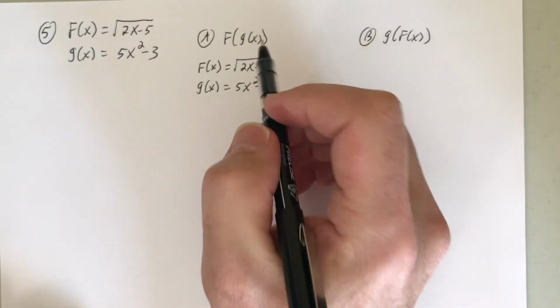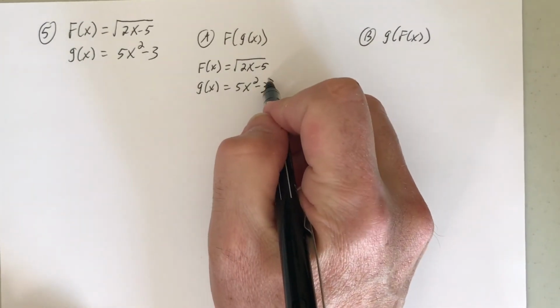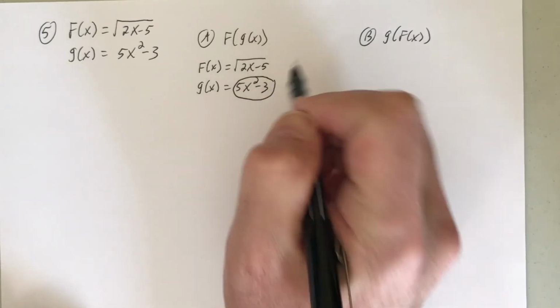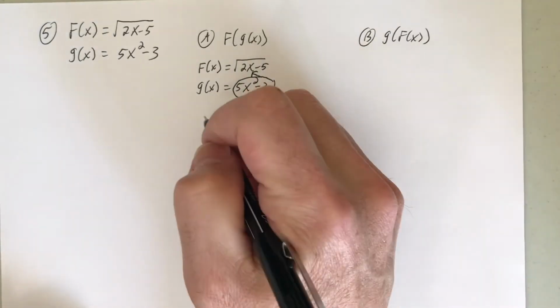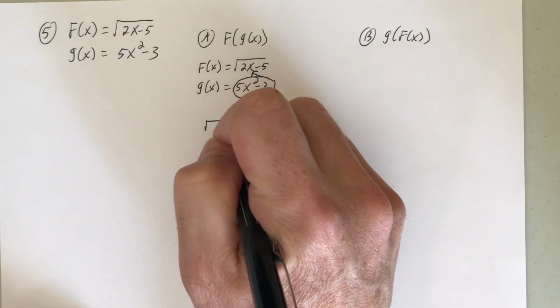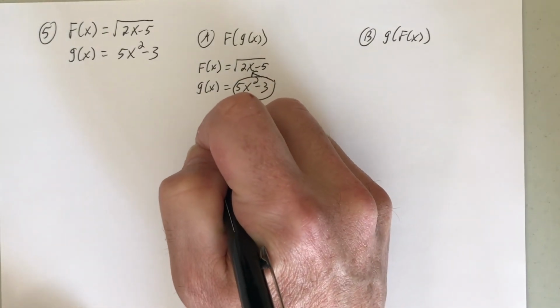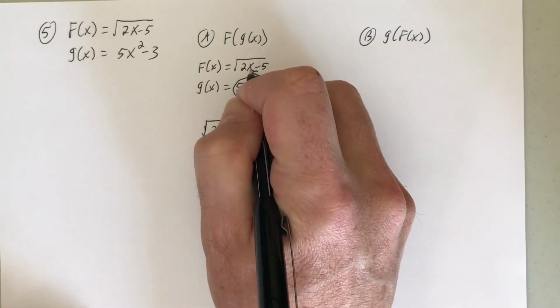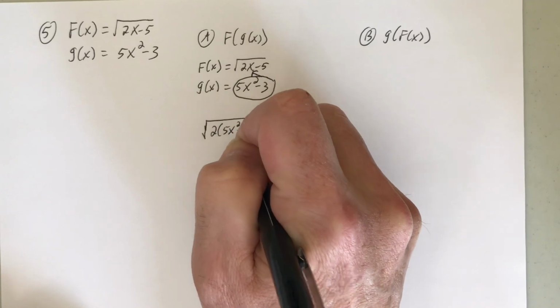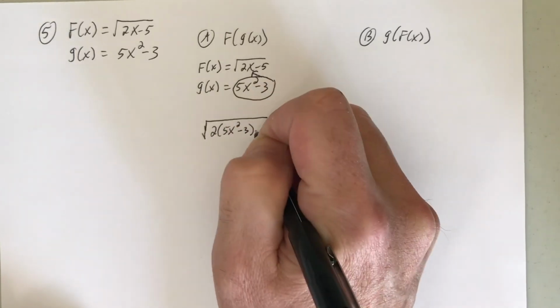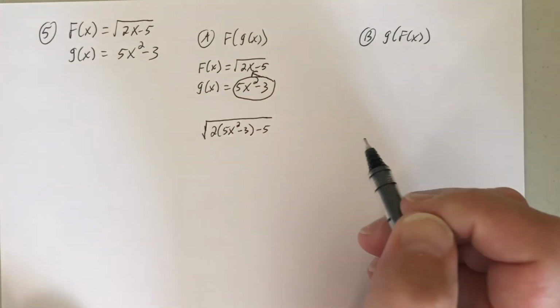So we're taking g of x, which is this, and plugging that into every x in f of x. So how is that going to look? I have the square root, and it's 2, replace my x with g of x, so 5x squared minus 3, and I still have the minus 5.